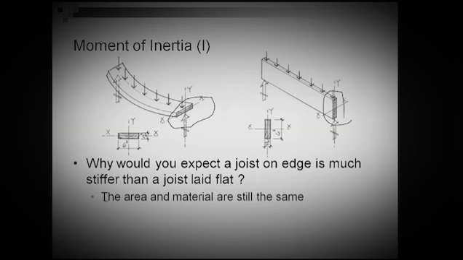Why would you expect a joist sitting on the edge to be much stiffer than the joist laid flat, as you see in here? Both objects have exactly the same cross-sectional area, and the same material is used.